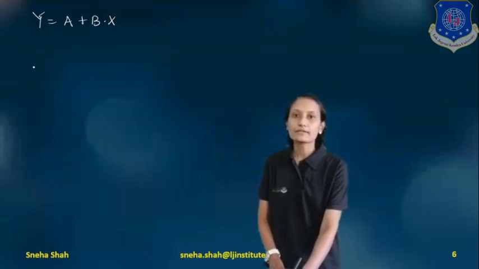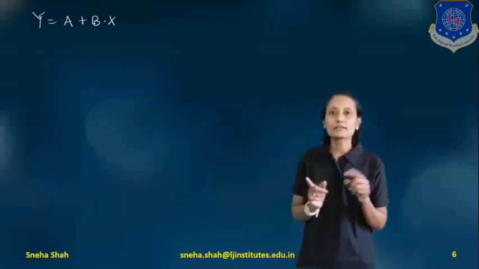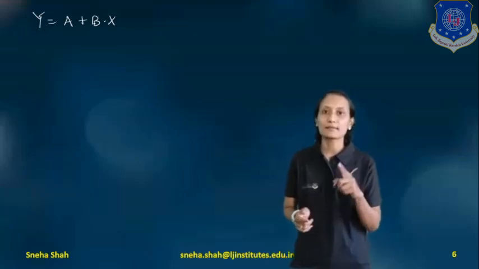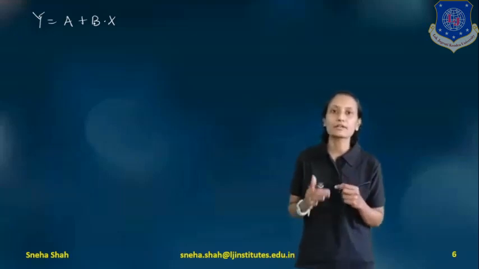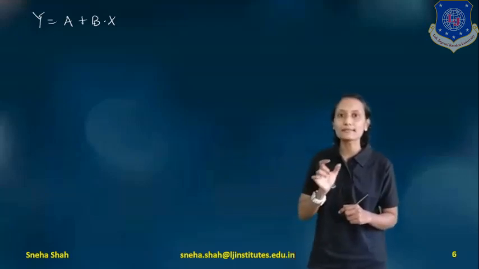How will we find the normal equations? The first normal equation is obtained by multiplying the equation with 1 and taking the summation on both sides. The summation of 1 equals n, because if we sum up to n times, its value becomes n.